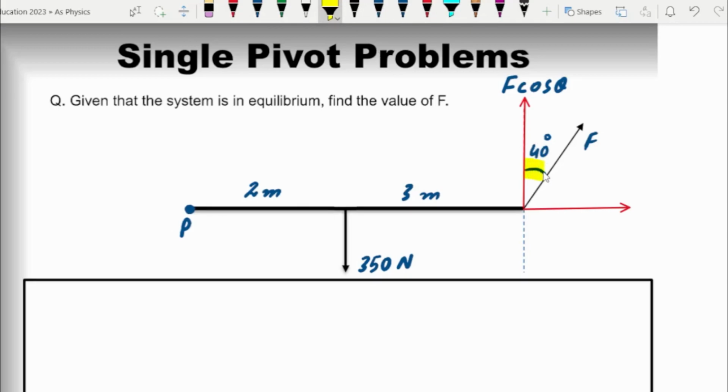The component that is directly with the angle, जो आपको angle के साथ वाला component given है, that is a cos theta, and the other component would eventually be sine theta. So नीचे वाला आपका हो गया F sine theta, and the angle is 40. So instead of theta, we can write 40 here.